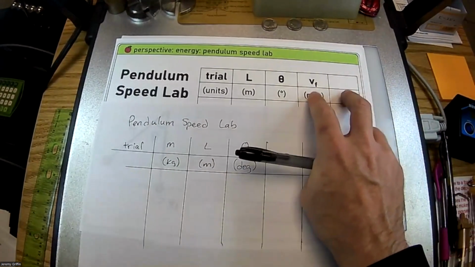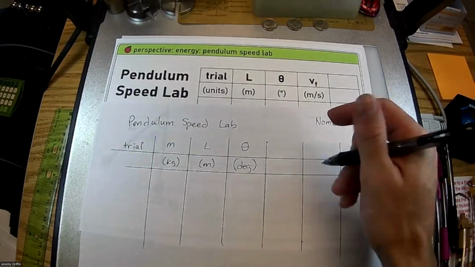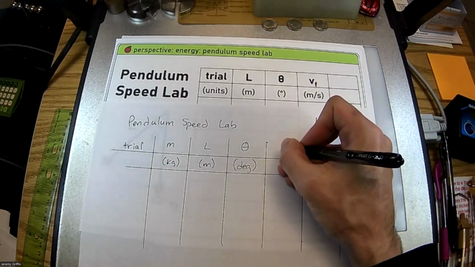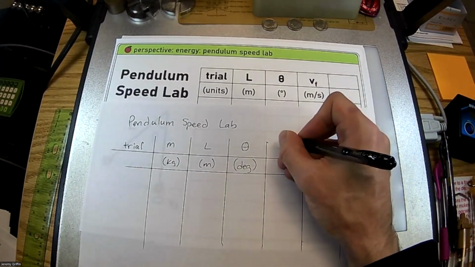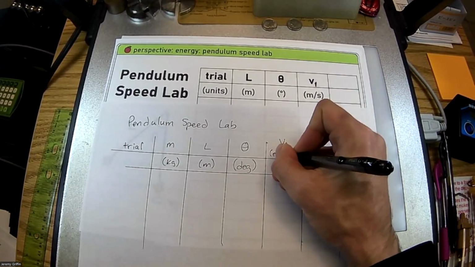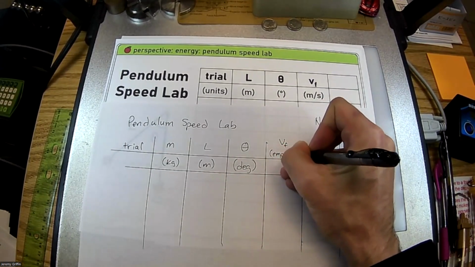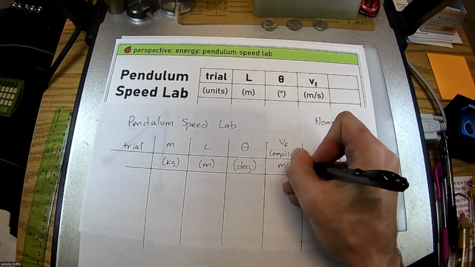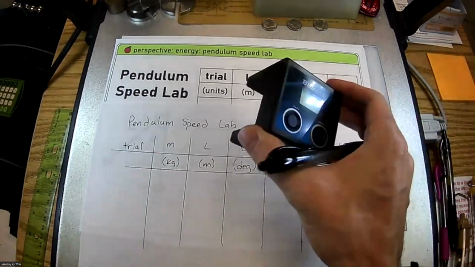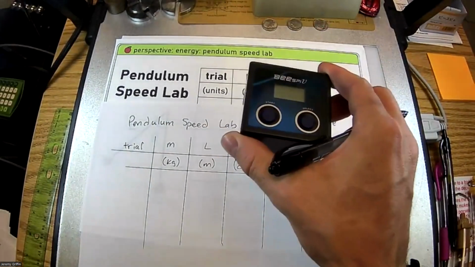And then I need two different columns for speed. I need to know the speed empirically. So I'll say empirical, which is a measured value, maybe in meters per second. That's what the speed gate's for. You get an actual empirical measurement.